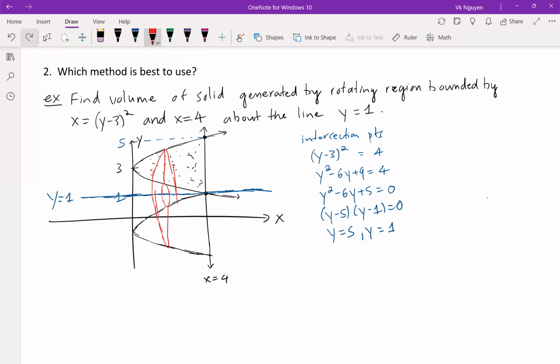We're going to use the shell instead. So in order to get a shell, I'm going to draw a horizontal stripe. And then somewhere down here, we're going to get a matching horizontal stripe. Do the rotation, and we're going to get a sample shell.